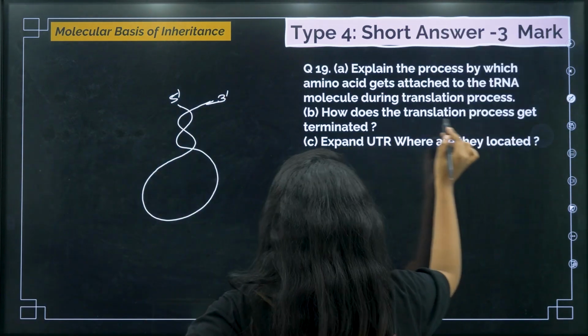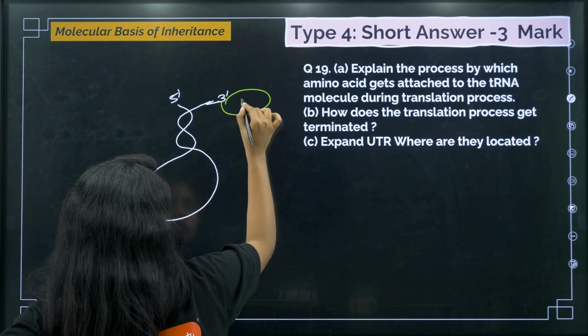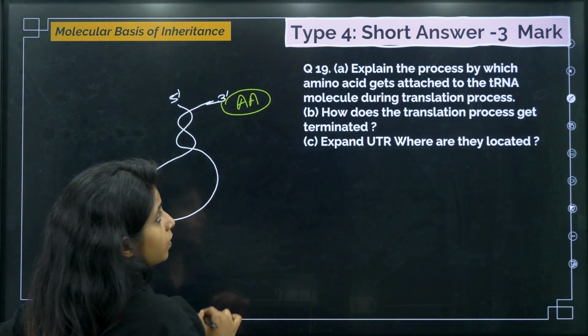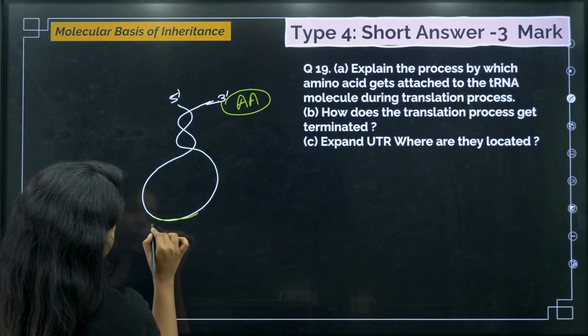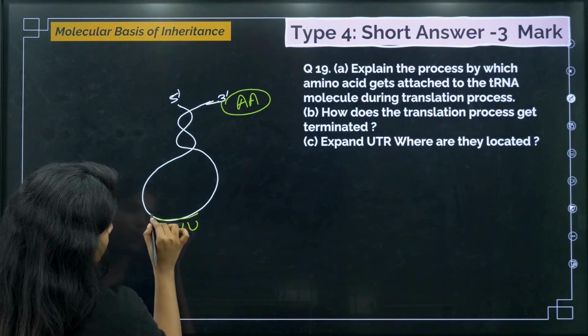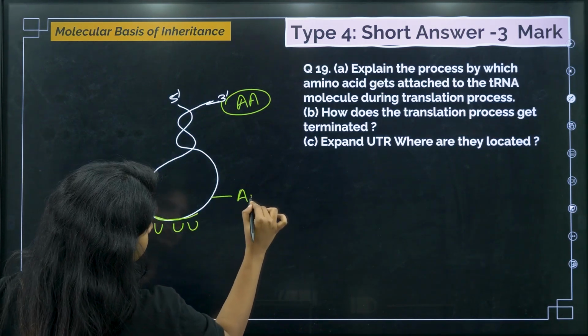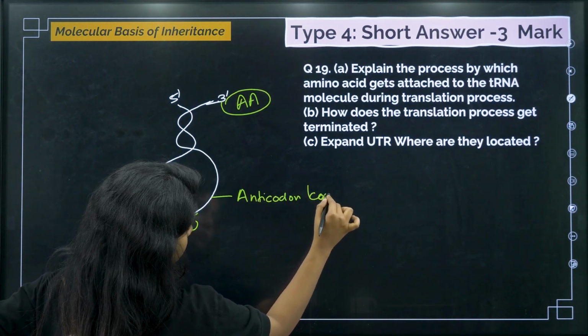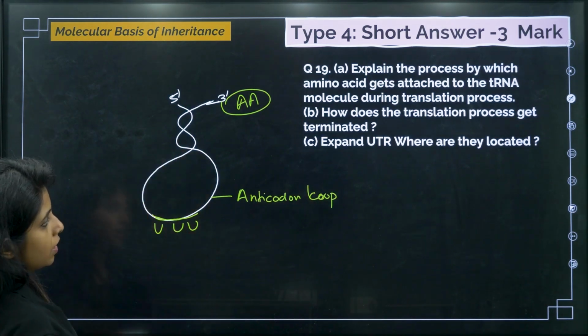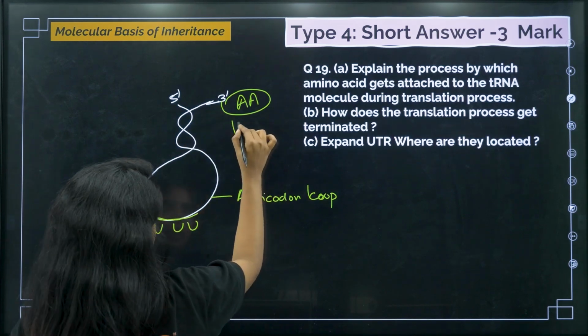On the 3' end, children, it attaches to an amino acid, and it's not just a random amino acid. It also has an anticodon over here. For example, U is there. This loop is known as the anticodon loop. Suppose this tRNA is there with this amino acid, phenylalanine.